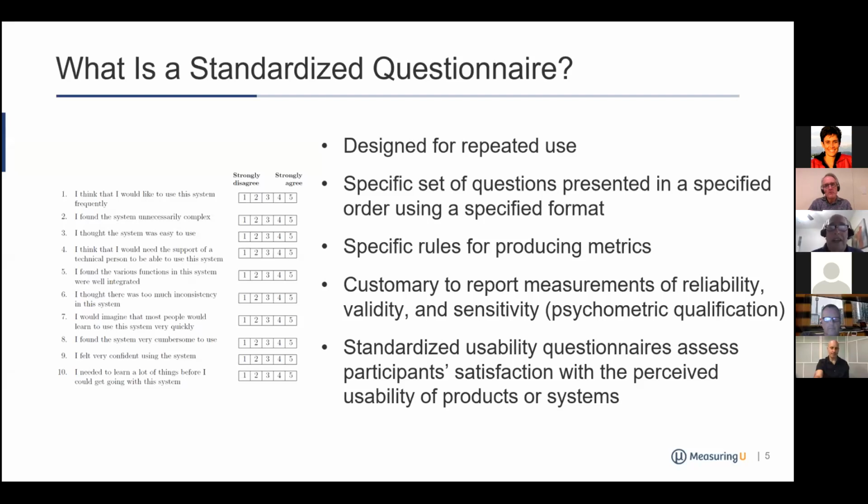And it is customary for those designing these types of instruments to report measurements of psychometric quality, such as reliability, validity, and sensitivity. And a characteristic of standardized usability questionnaires is that it touches on participant satisfaction with products or systems, usually through trying to get an understanding of perceived usability.